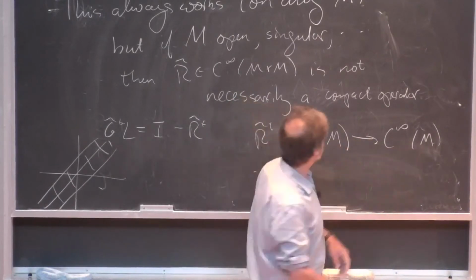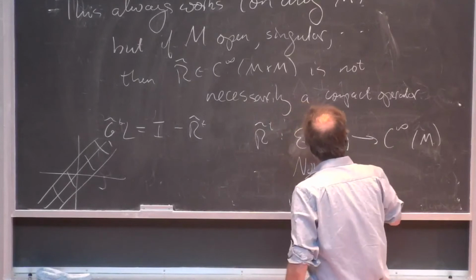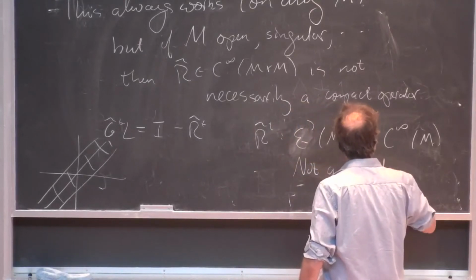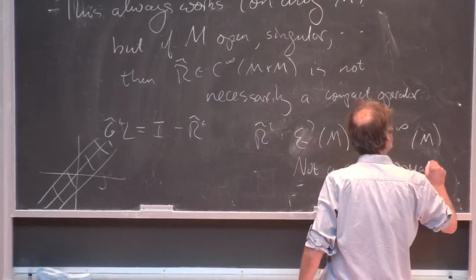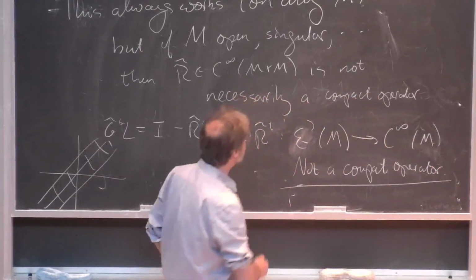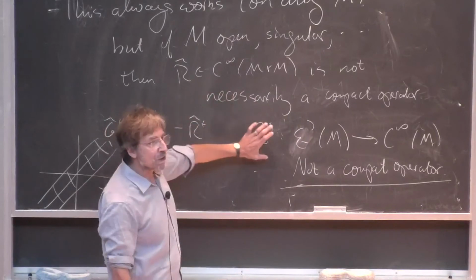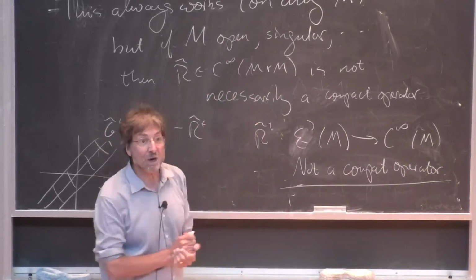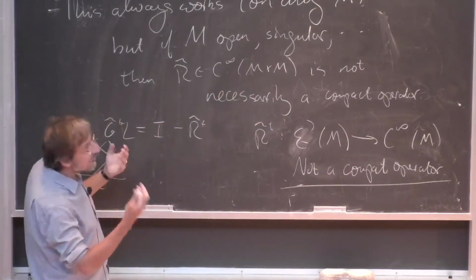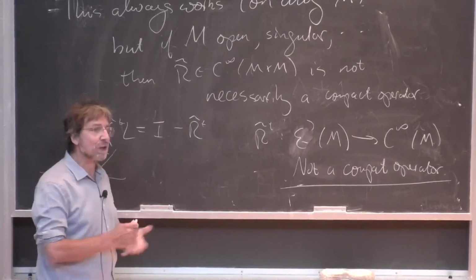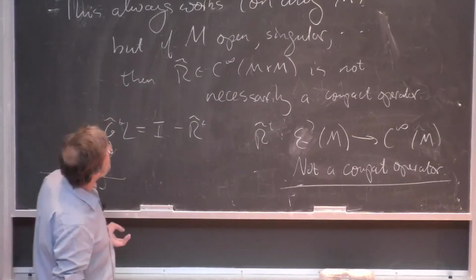This is not a compact operator in general. So the only time it's a compact operator for sure is when you're in a compact manifold. And remember, the compact operator is just something which is morally 0. It's something that you can functional analytically get rid of except for a finite rank error.